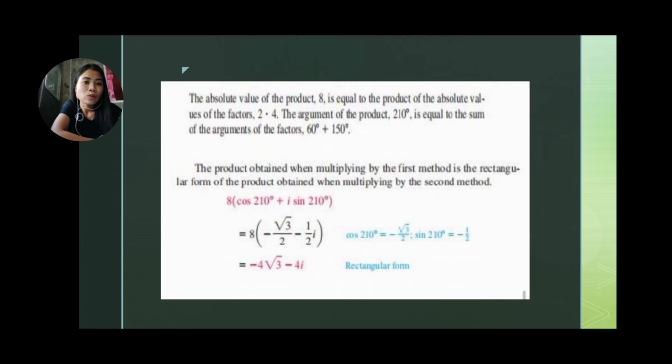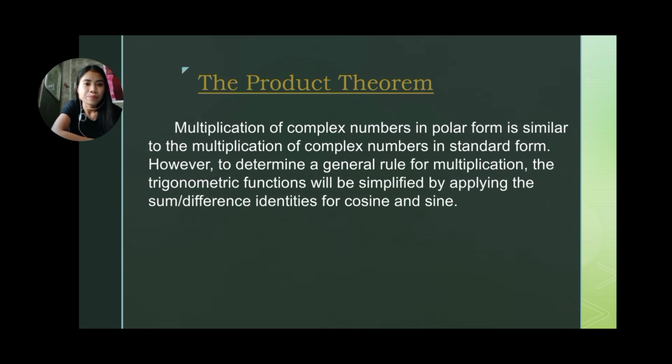Note that sin 210 degrees is equal to negative 1/2. Therefore, we have negative square root of 3 over 2 minus 1/2 i. Then we have the product, or rather the rectangular form, as equal to negative 4 square root of 3 minus 4i.